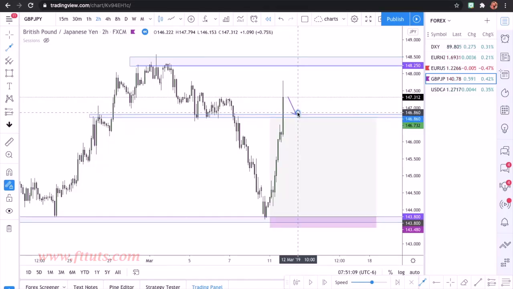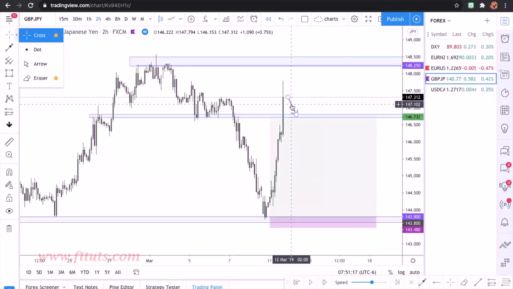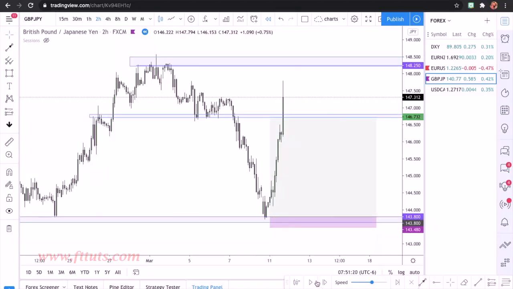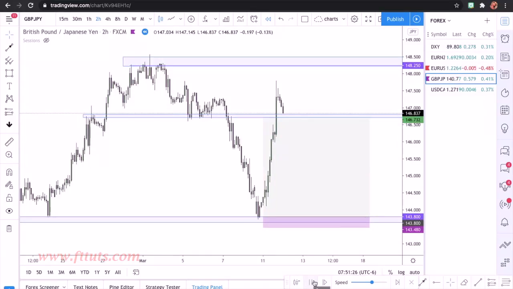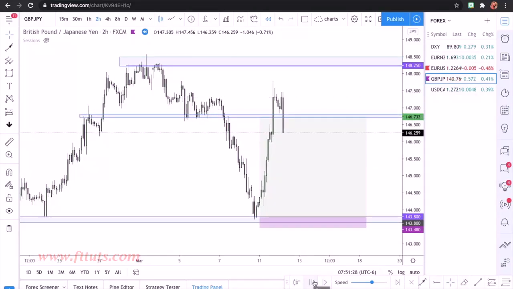But in most cases, what's happening here is it looks like price is going to just hit that 148.250. I hate when it does this. So let's just see. Oh, no, it's coming back down to test.